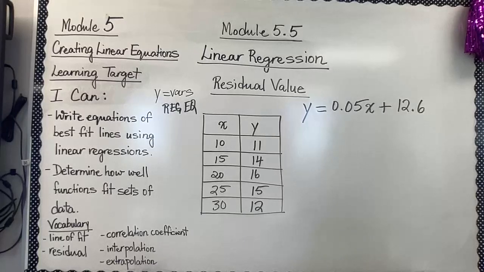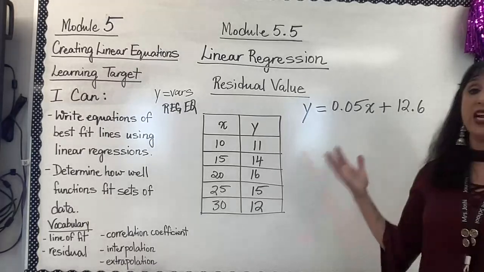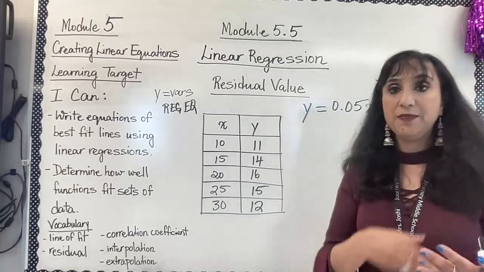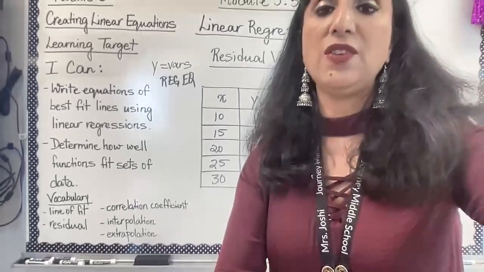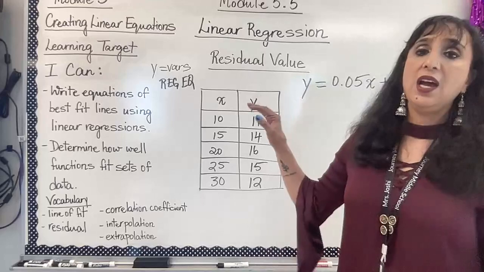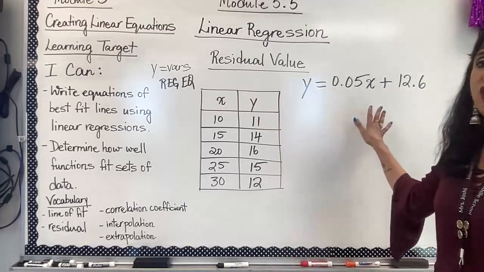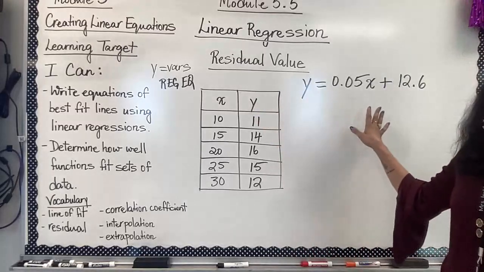So I am going to, without a calculator now, graphing anything for me, show you how to find the residual value. And let's say this is something that the calculator gave me, that this is my equation.